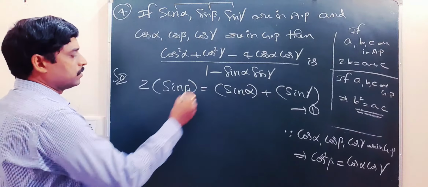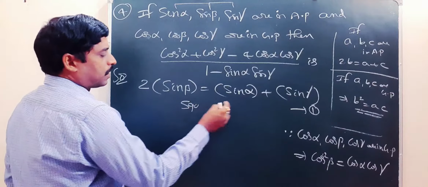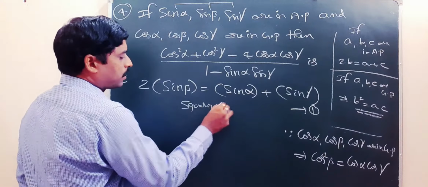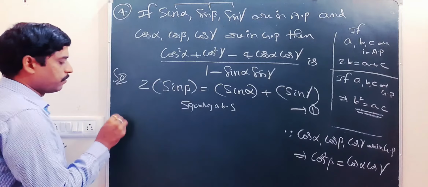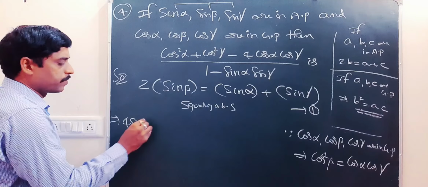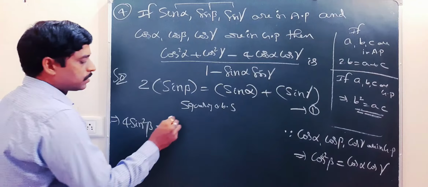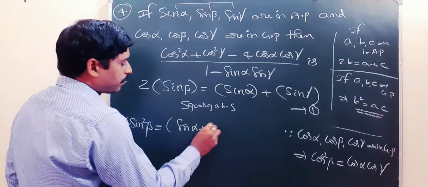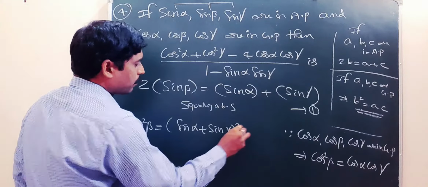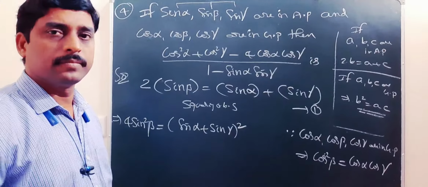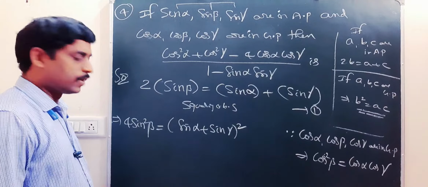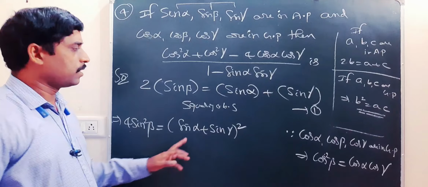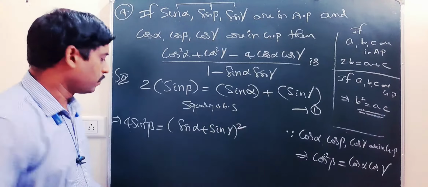Now, let us take equation 1 and square both sides. It will be 4 sin square beta equal to sin alpha plus sin gamma whole square.